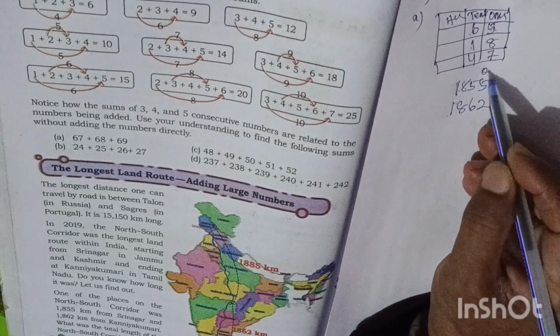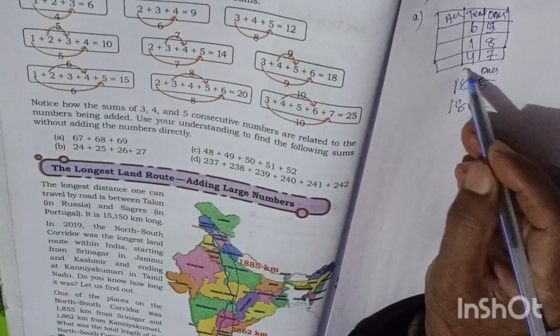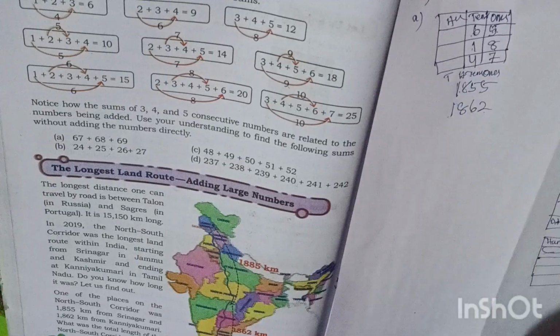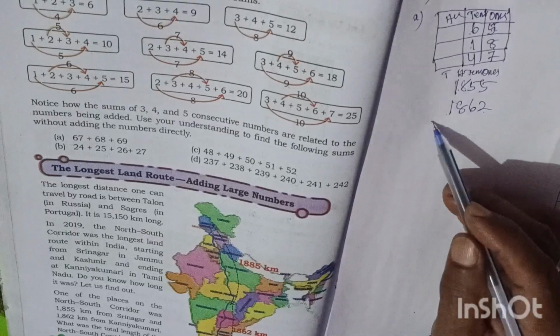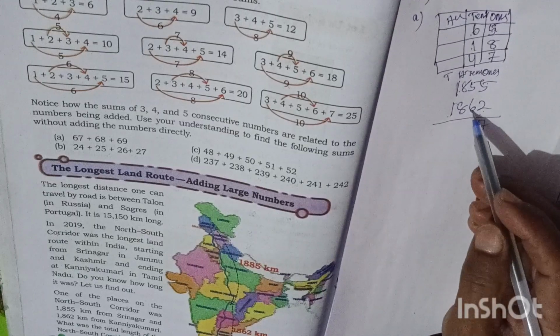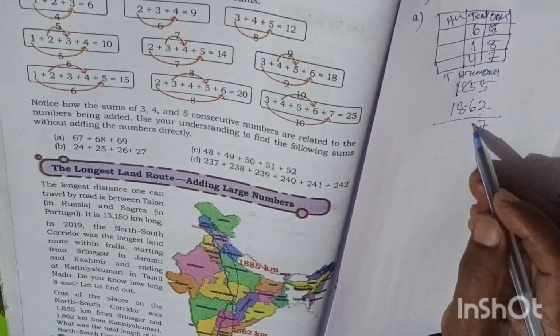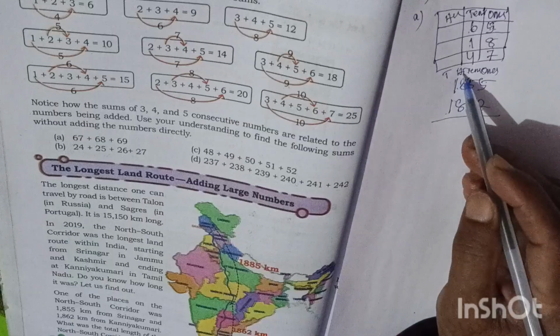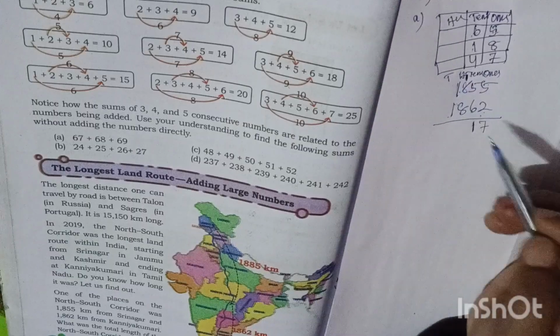First place is ones, second is tens, third is hundreds, fourth is thousands. You add those two numbers. 5 plus 2 is equal to 7. 6 plus 5 is equal to 11. You carry 1 to the 100 place.